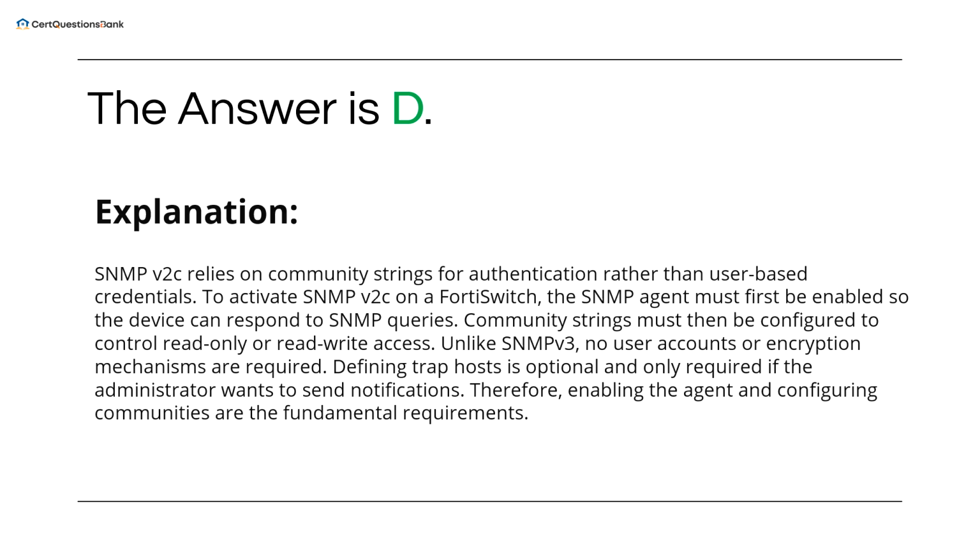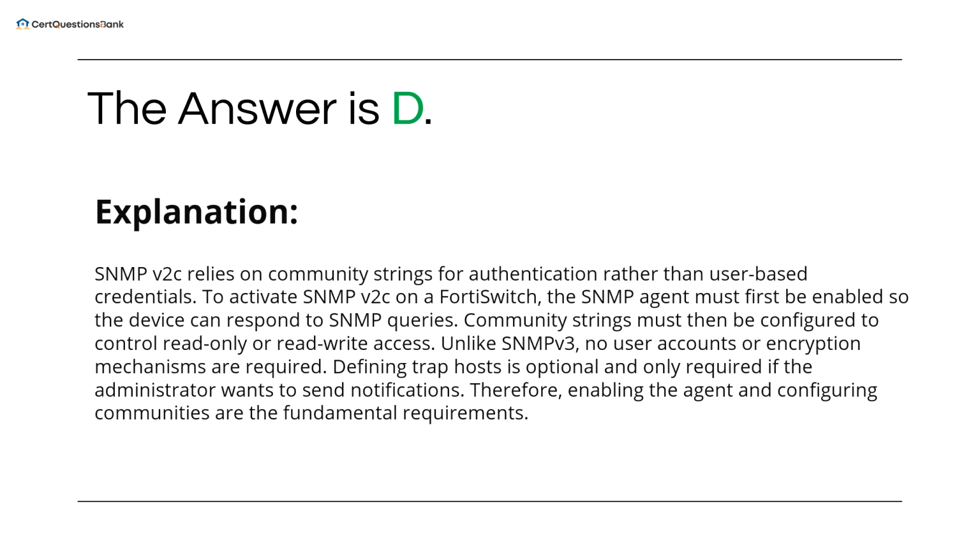SNMP version 2C relies on community strings for authentication rather than user-based credentials. To activate SNMP version 2C on a FortiSwitch, the SNMP agent must first be enabled so the device can respond to SNMP queries. Community strings must then be configured to control read-only or read-write access.